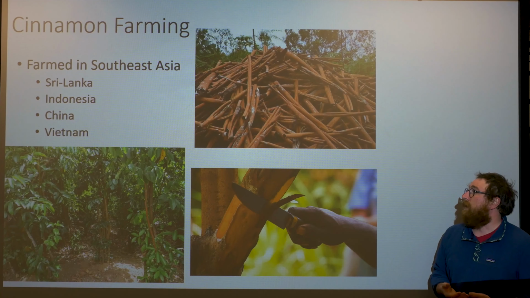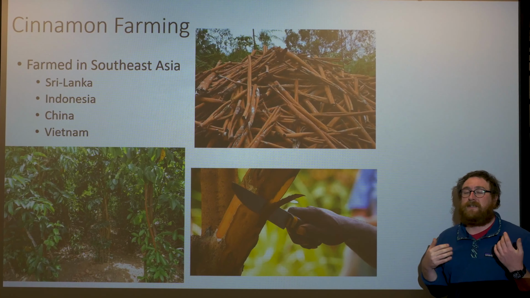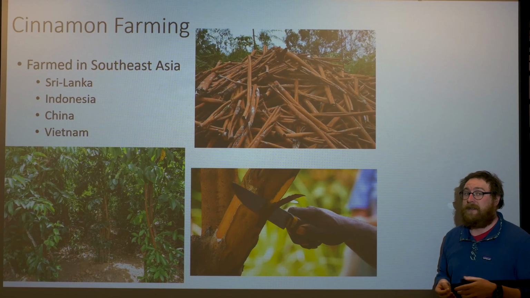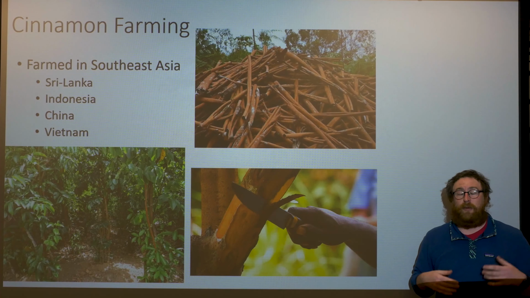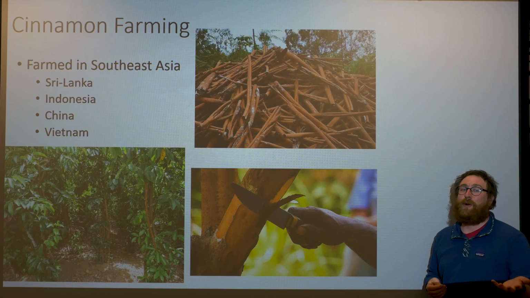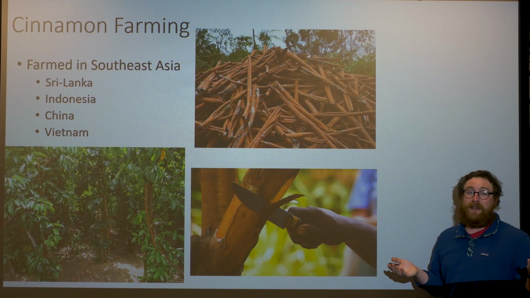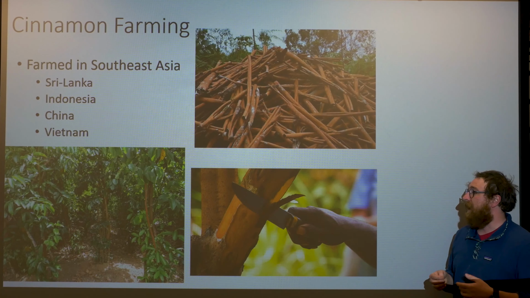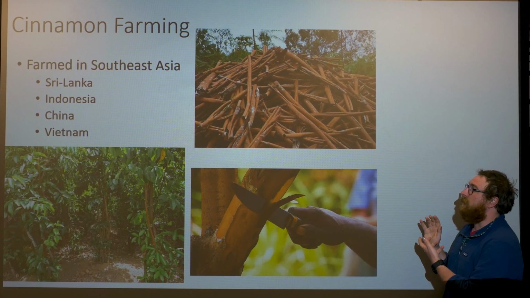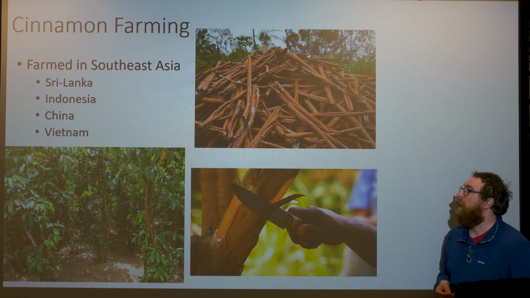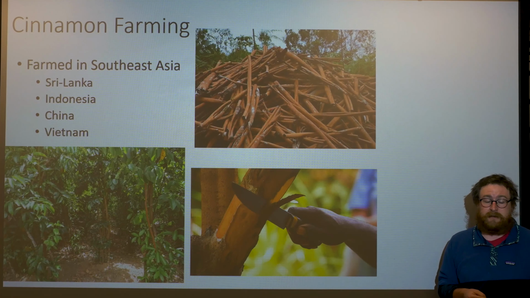The phytochemistry in these groups has really made these dominant agricultural plants, especially when it comes to spices. Cinnamon is a really common spice that you can just go to your store and get, no problem. But the accessibility of cinnamon really hides the complexity of farming this tree species.